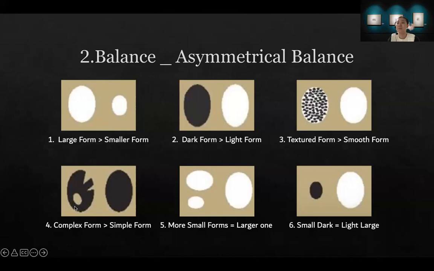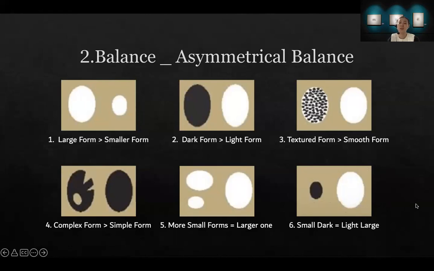Number 4, a complex form is visually heavier than a simple form of the same size. Number 5, 2 or more small forms can balance a larger one. And number 6, a smaller dark form can balance a larger light one.